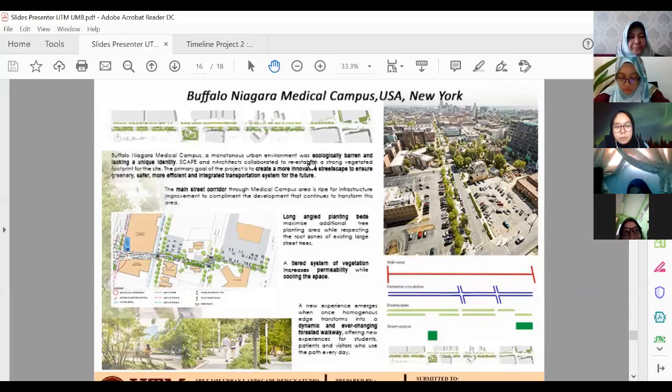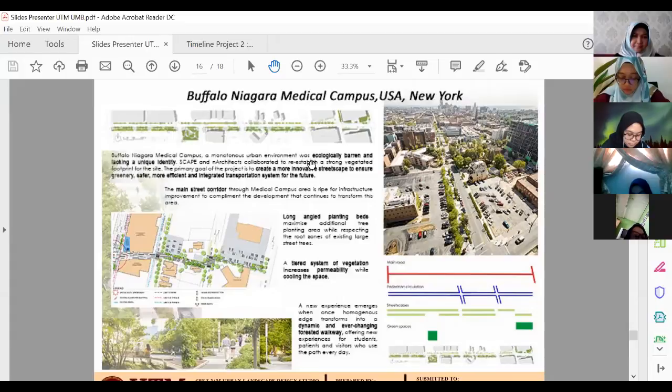This precedent study has a good design implementation in streetscape planting, where I can see that along the roadside it has good street planting, which is good for ecological benefit.